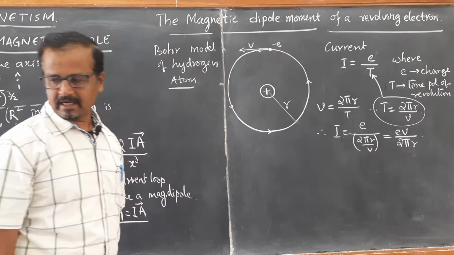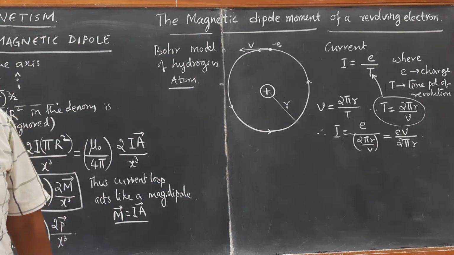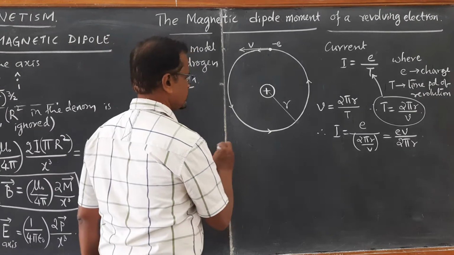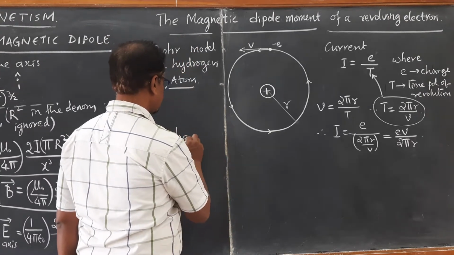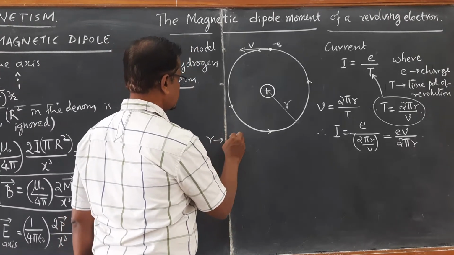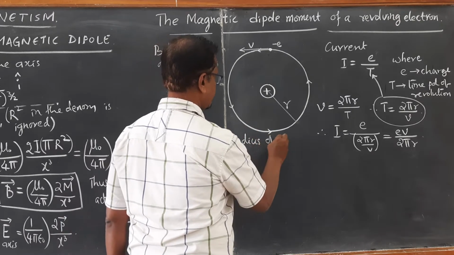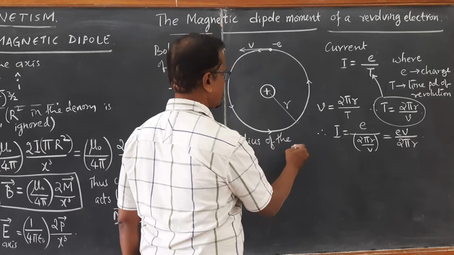Using this current value, I can now calculate the corresponding magnetic moment. Here, r is the radius of the circular orbit.